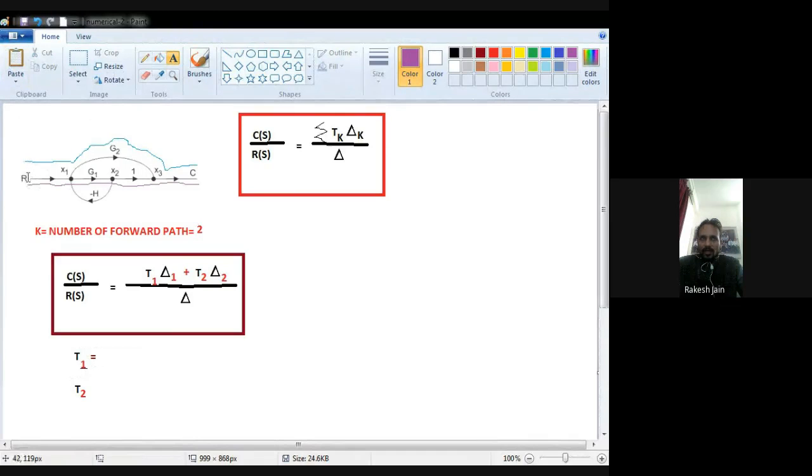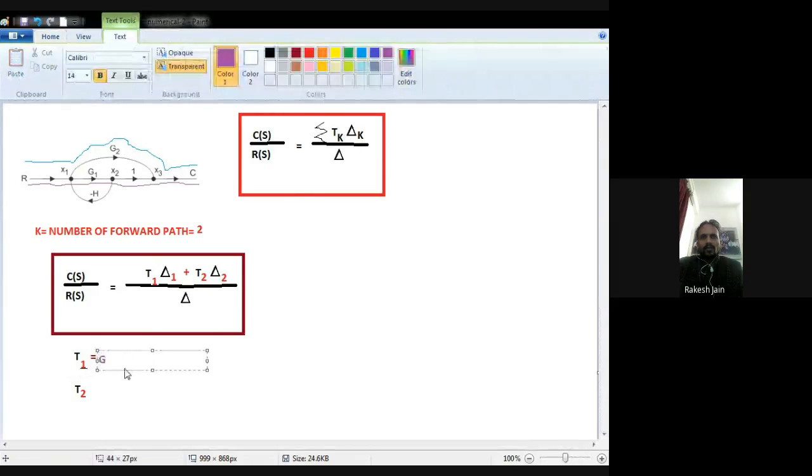So see, the first forward path starts from R. The first arrow has nothing written over it, so the gain for this branch is 1. Then I reach x2 and g1 is written there, so 1 into g1. Then x2 up to x3, 1 is there, so 1 multiplied by g1 multiplied by 1.